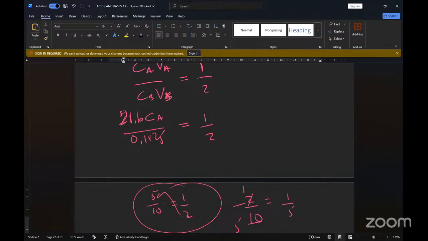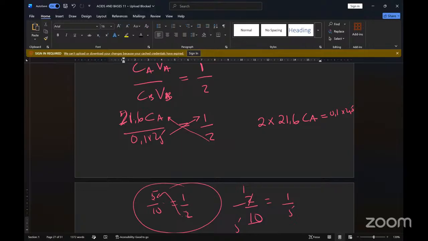You cross multiply again. Take this one here and this one here. So we're going to have 2 times 21,6 CA must be equal to 0,1 times 25 times 1. We don't include the times 1, since it doesn't make sense.